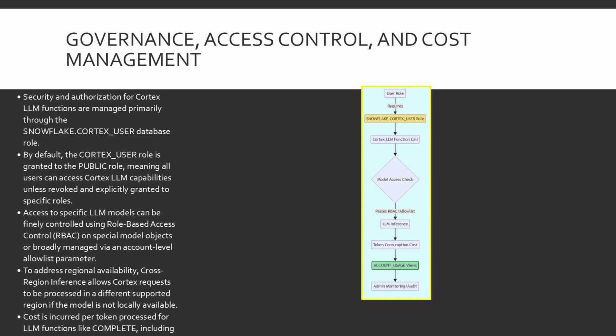Upon passing, the request is executed as LLM inference. This process generates token consumption data, which is the basis for usage cost. Critically, this consumption data too is logged into the Snowflake.account_usage views, providing detailed transparency for administrative monitoring and auditing of all AI activities and associated costs.